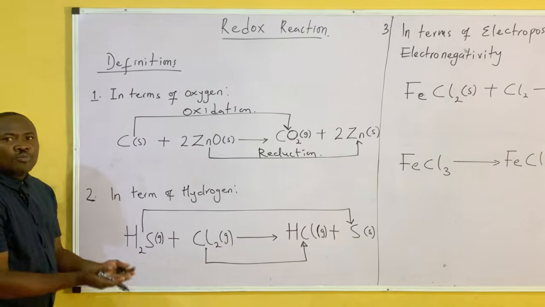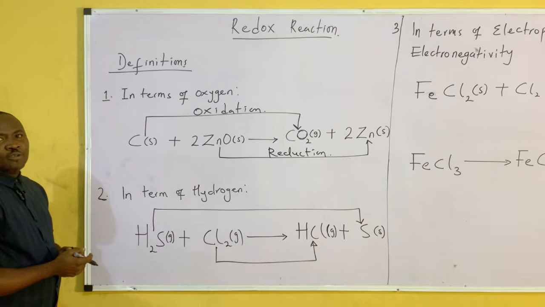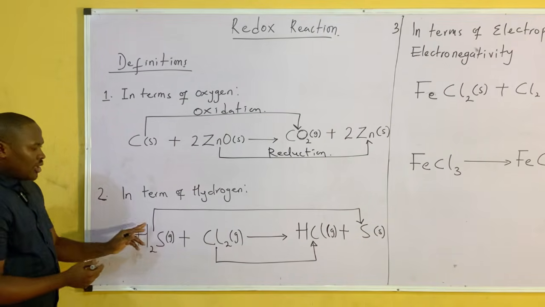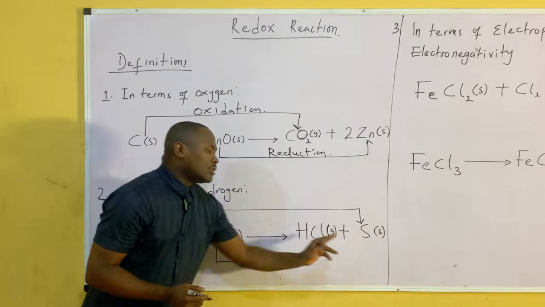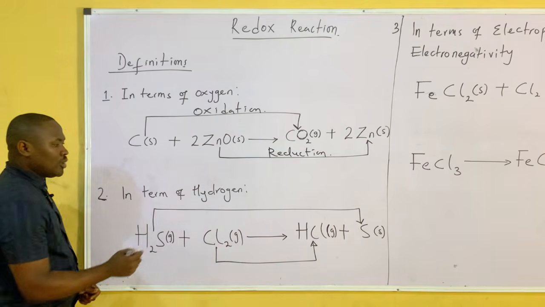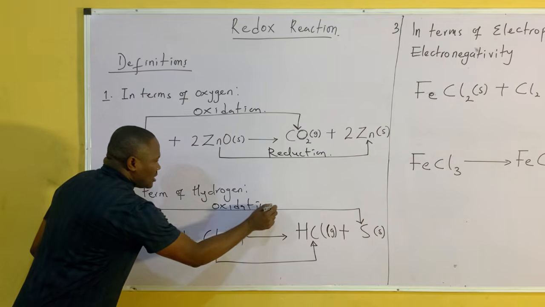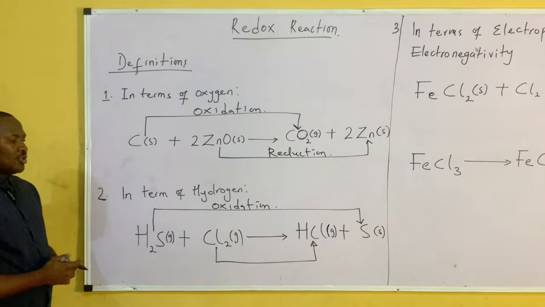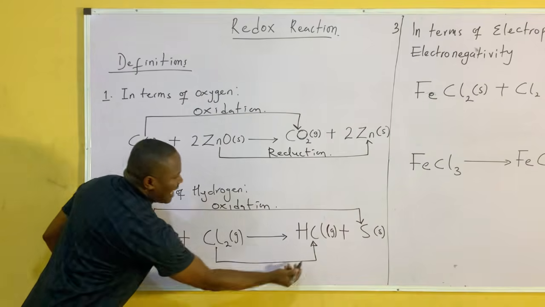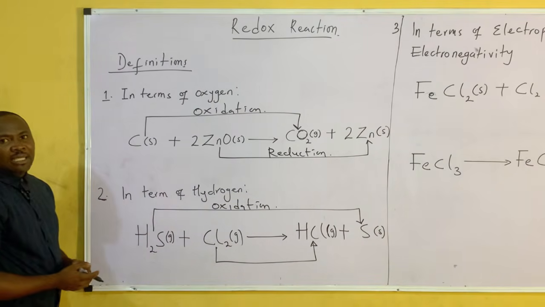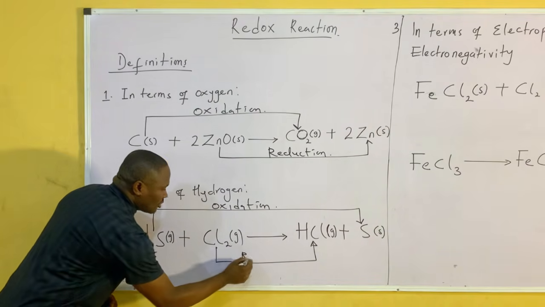Oxidation is the removal of hydrogen from a substance. So check. In this case, hydrogen has been removed. So it means this is oxidation. Hydrogen has been removed. This is oxidation. While if you look at this place, hydrogen has been added. So this is now reduction.